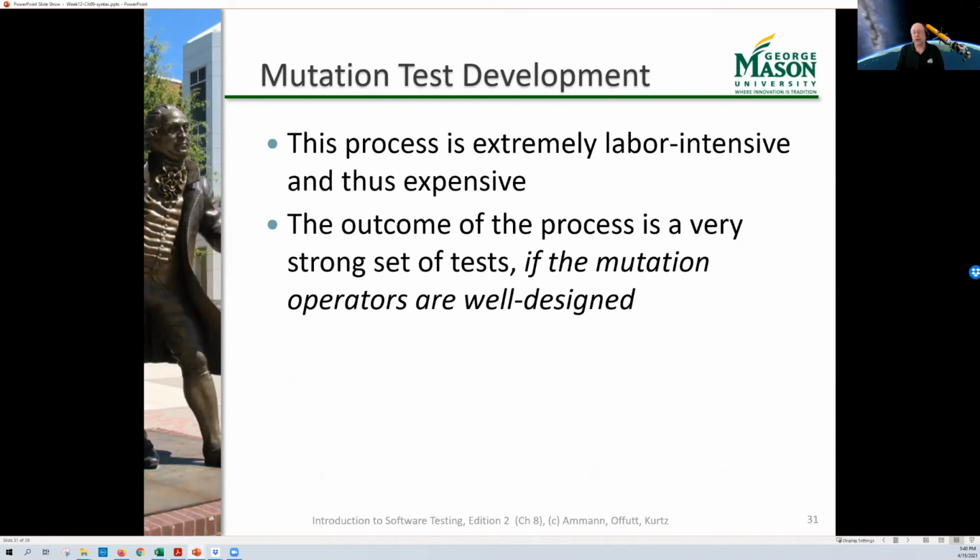There's an assumption here. The assumption is that the mutation operators that our automated tool is using are well designed, right? If we have good mutation operators that elicit good tests, then the output of this process will be an incredibly strong set of tests, potentially better than every other criterion that we've looked at this semester.